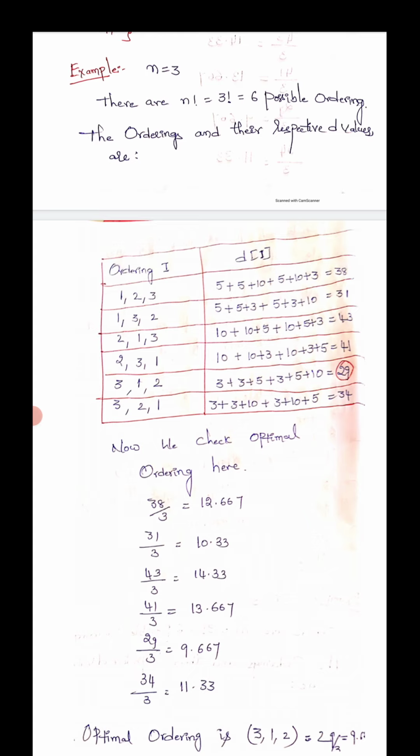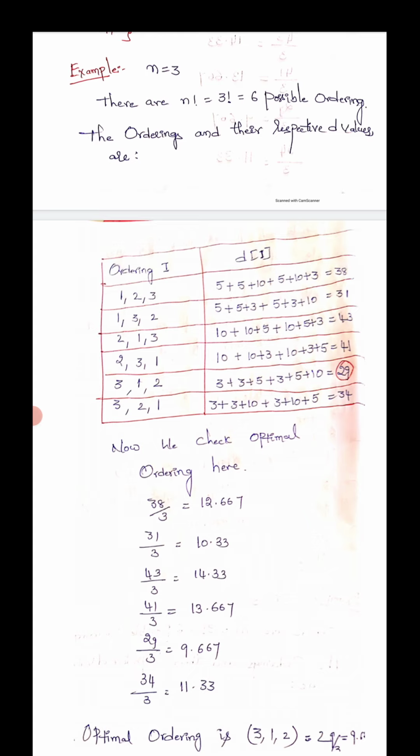Listen carefully. In the question I did not mention the lengths. So open a left parenthesis: L1, L2, L3, and close the right parenthesis, that is equal to 5, 10, 3. Okay, this is the length.